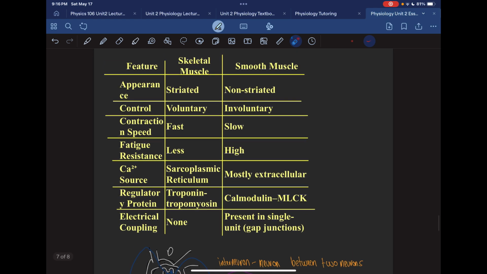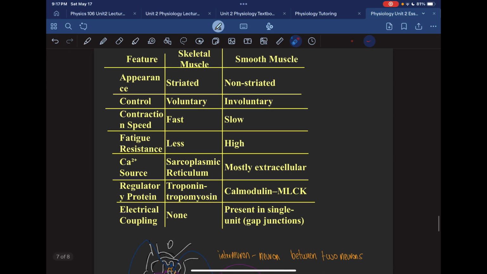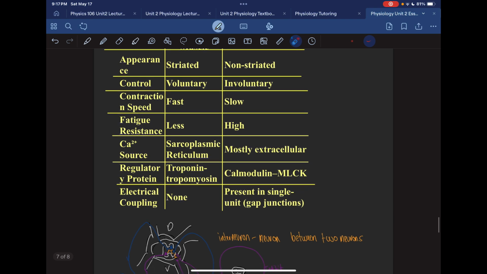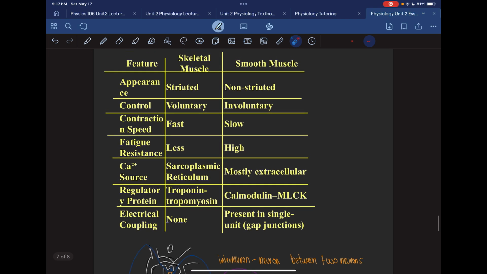Here are some features of skeletal muscle versus smooth muscle. Appearance, skeletal muscle is striated. You can kind of see those striations within those big bodybuilders, right? Like, you can see those individual striations. Smooth muscle is not striated. Control, skeletal muscle is voluntary. Smooth muscle is involuntary.